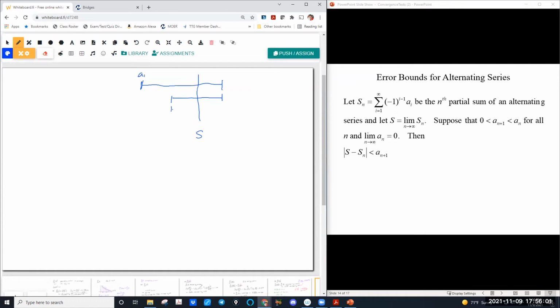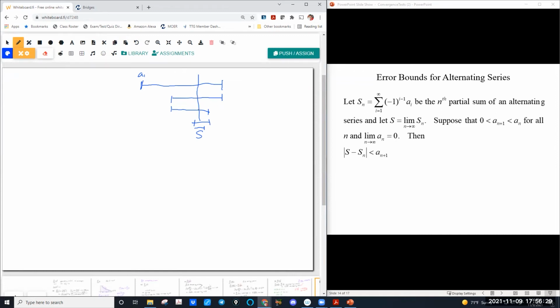Then we add a third. Notice how it keeps crossing over. And this just keeps getting smaller and smaller. Well, what's happening is this means that our error in the first n terms is going to be less than the n plus first term.